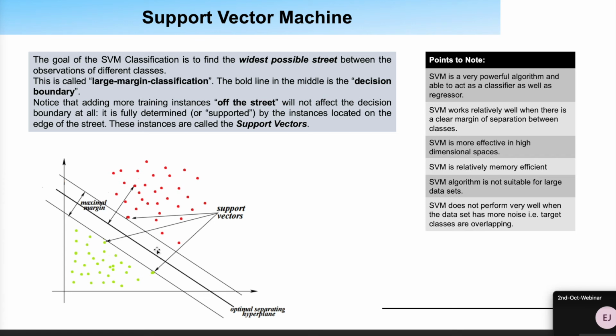The motive of support vector machine is to create a wide street. Why does it want to create a wide street? Because the wider the street is, the generalizability of the model is going to be higher. Generalizability meaning that for any unseen class it will be able to classify better.